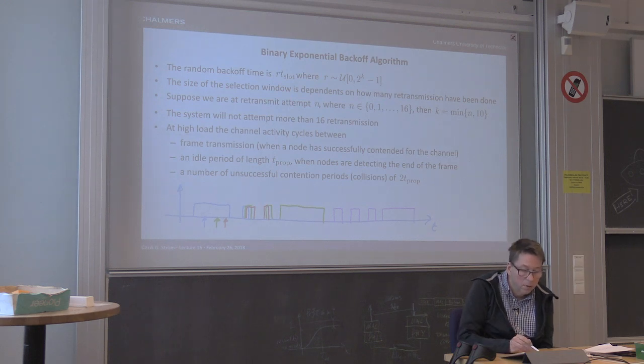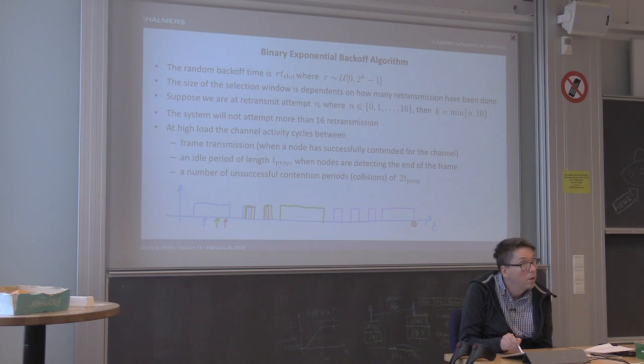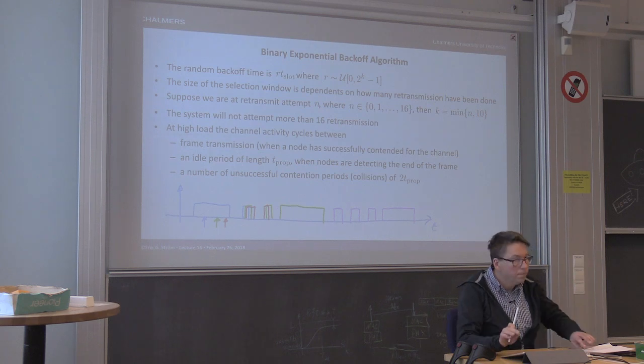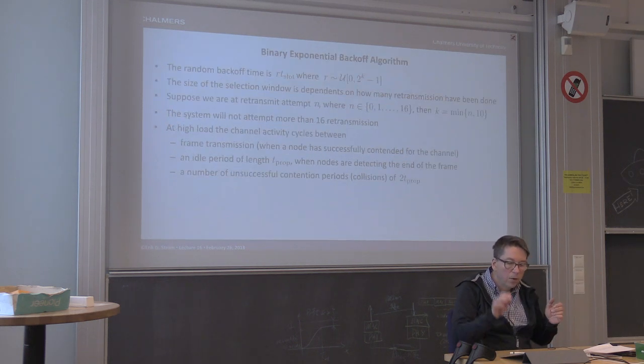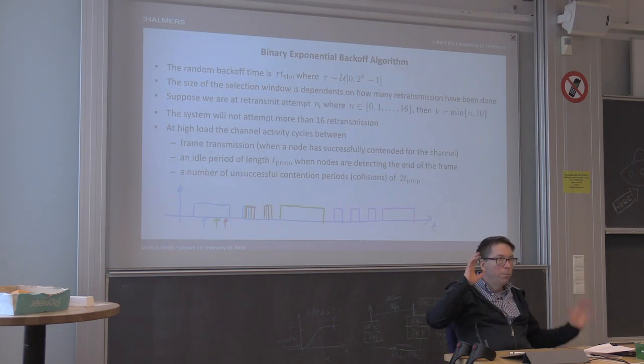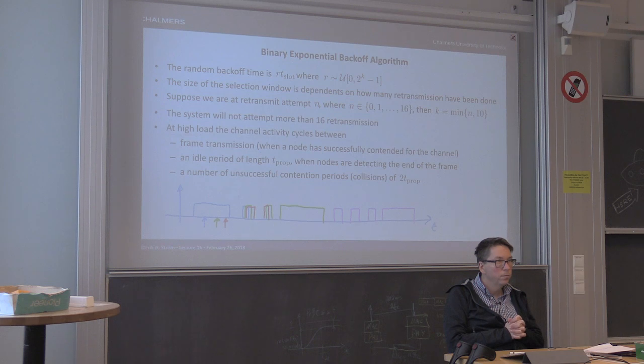So it's like this: frame, contention, contention, contention, and these all resulted in collisions, and then one user won the channel, and then keeps on like this. Okay. Right. So that's a little bit about the MAC protocol for CSMA/CD, the 802.3 version of this.